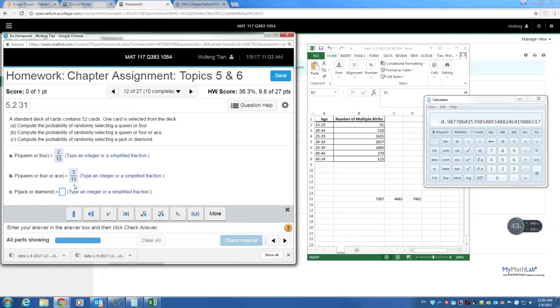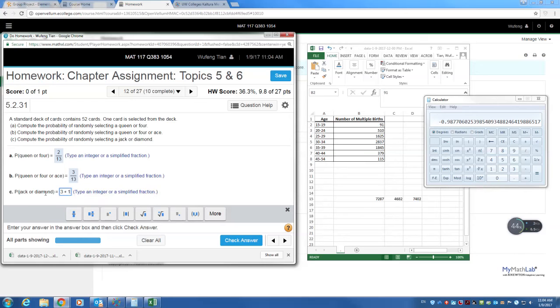Jack or diamond. Jack, we have 4 jacks. Diamond, you have 13 cards. But one of the jacks is the diamond jack, so you can only count the diamond jack once.